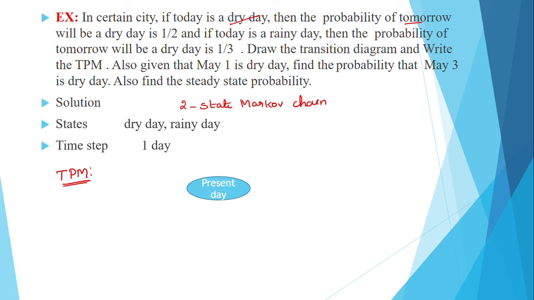The weather condition of the particular day is either rainy or dry. So there are two possibilities, dry day and rainy day. But here we are looking for transition probabilities of the process from the present day to the next day. So let us move on to the weather condition of the next day of the process.